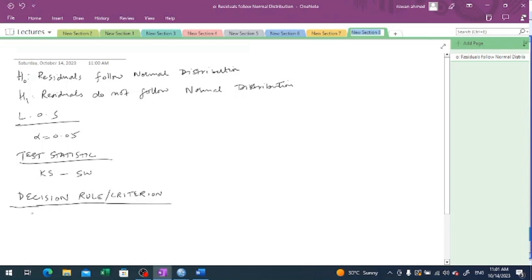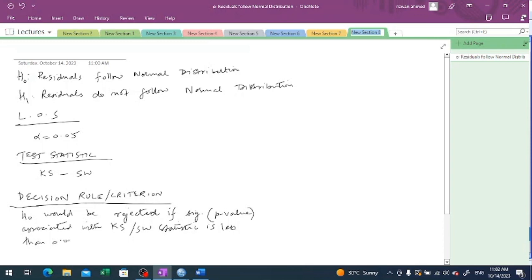Here we state a condition under which H naught would be rejected, and we state it as H naught would be rejected if significance or p-value associated with KS or SW statistic is less than 0.05.